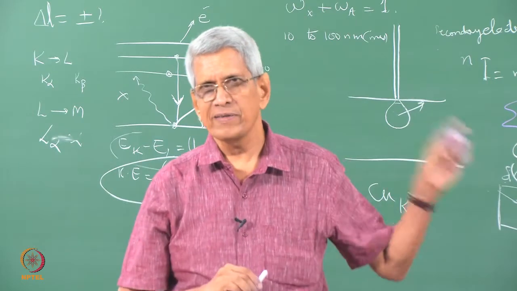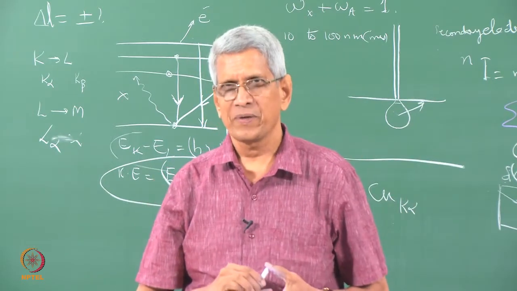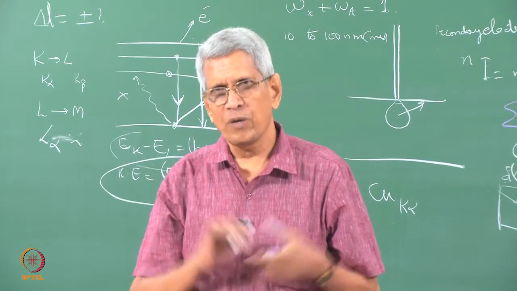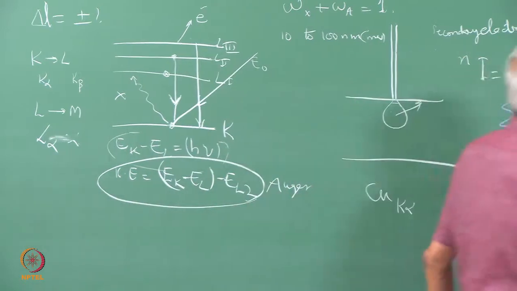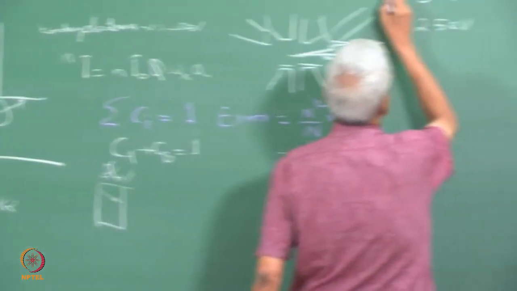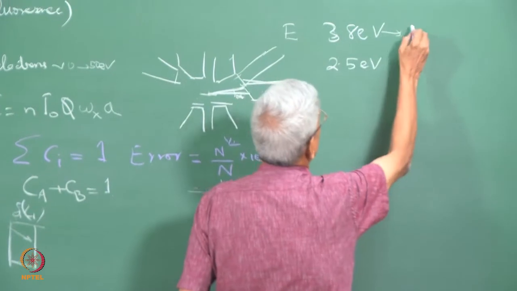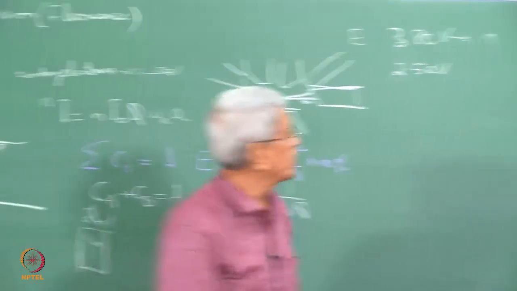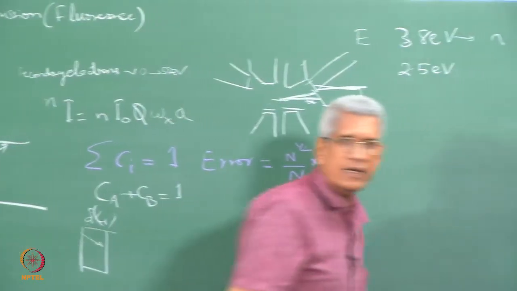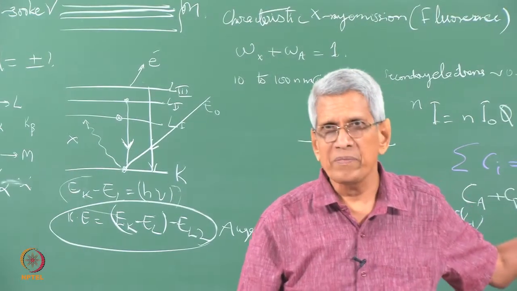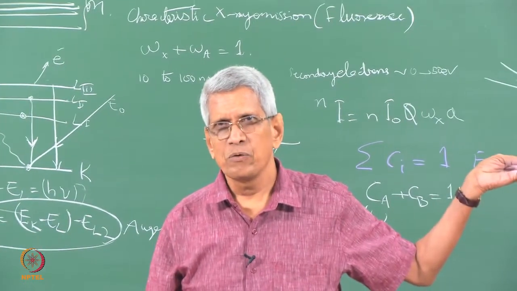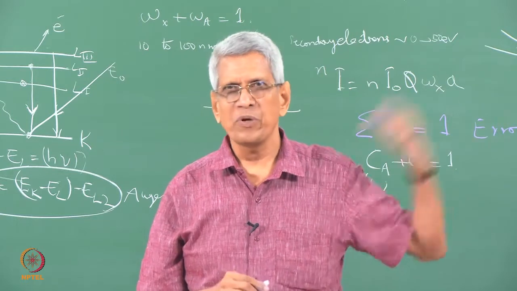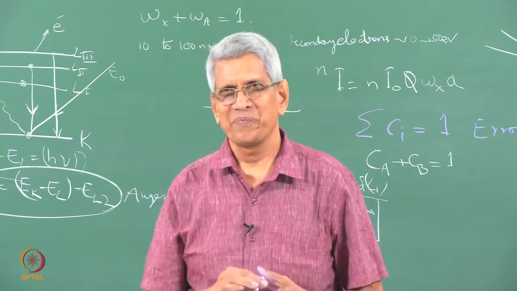And this process is also a statistical process. There are various other processes by which it can lose energy. So suppose for a particular energy E, one X-ray may be producing a number N1 of electron hole pairs. Okay. The second signal which comes may not be producing N1, it may be producing N2. Okay.